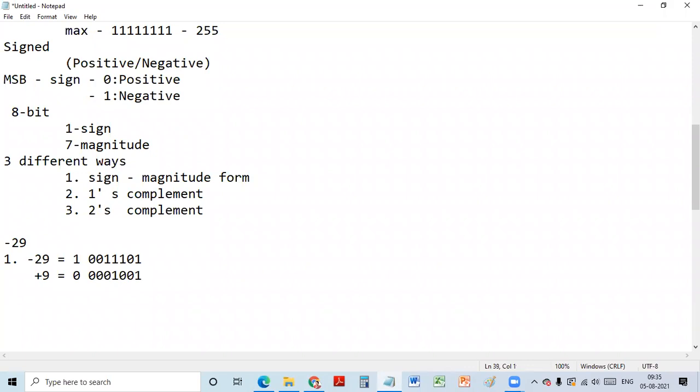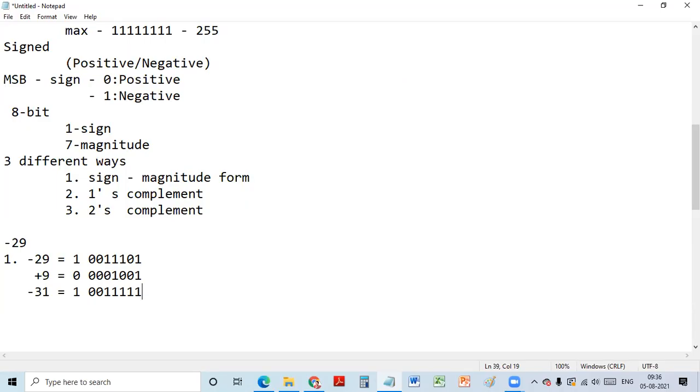Similarly, if I want to represent minus 31, how can I do it? The most significant bit should be 1, and 31 is 2 power 5 minus 1, so 0011111. Am I right? Is it clear? This is how we can represent any number in sign magnitude form, whether it is positive or negative.